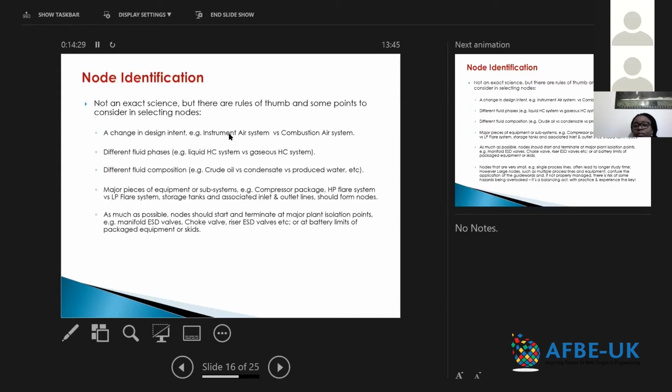You identify these sectioning points as your node starting or end points. Or if you're dealing with a package or a skid system, you stop or start your node at the battery limits of those systems. Those are just the rules of thumb that you apply to identifying your nodes.